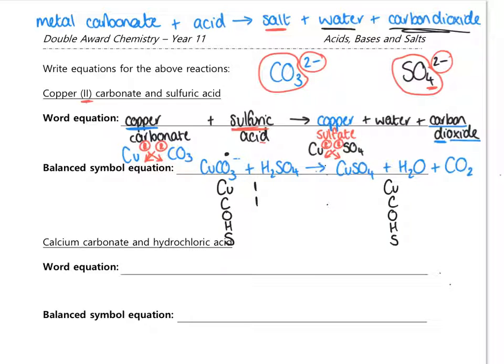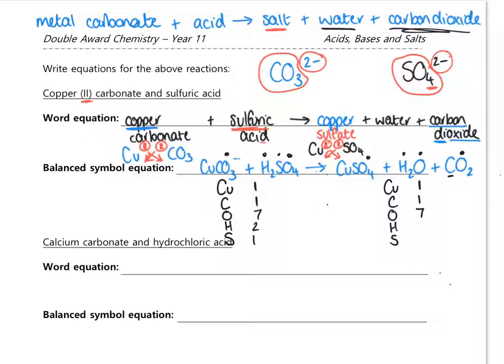I've got 3 here and then 4 here, which is 7. Hydrogens, I've got 2 here, and sulfurs, I've got 1. On the right hand side then we can see that again I've got 1 copper, just 1 carbon. Oxygens, I need to be careful. I've got 4 here, plus 1 here, plus 2 here, which is 7.